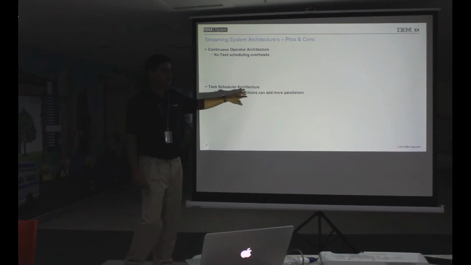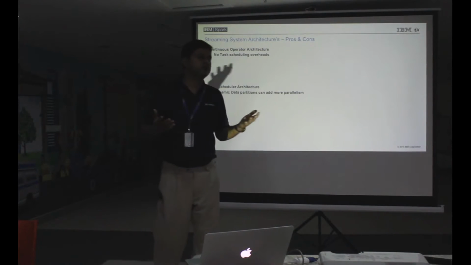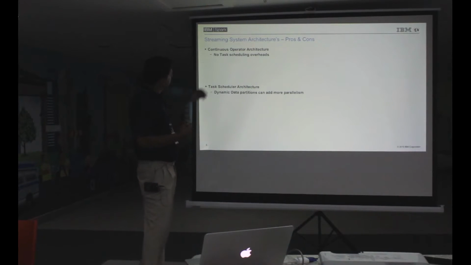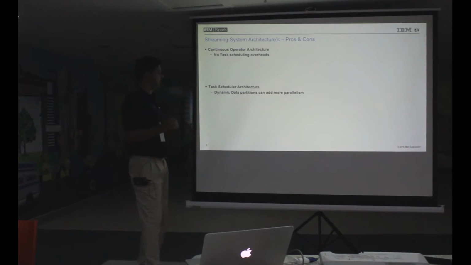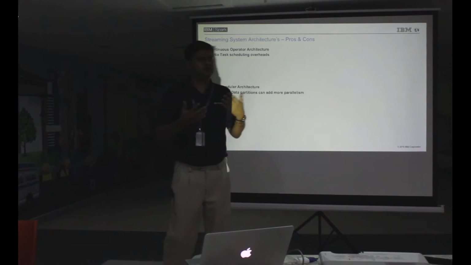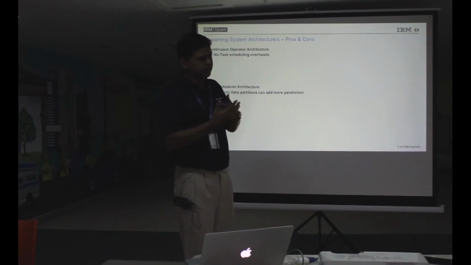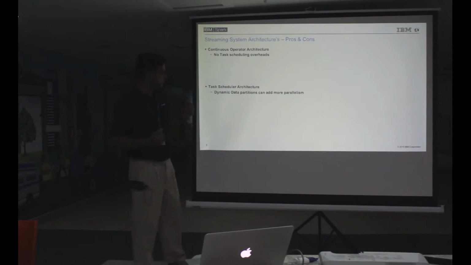In a task scheduler architecture, you probably have dynamic task scheduling overheads. The question is how big or small that is, and we hope it's at some small level. But one of the benefits is, let's say I have dynamic data, where each time the data is changing and the number of partitions is changing.